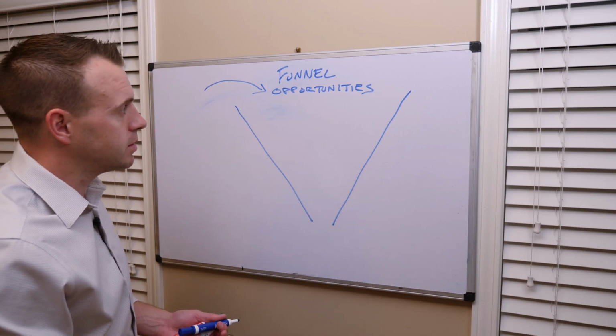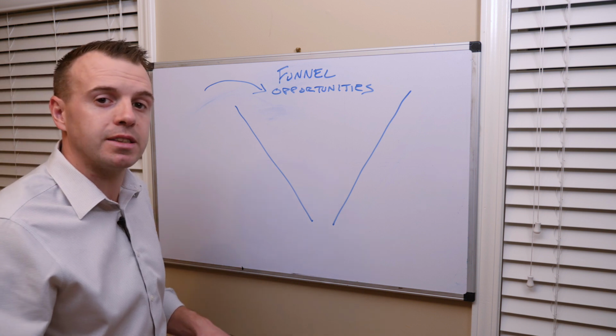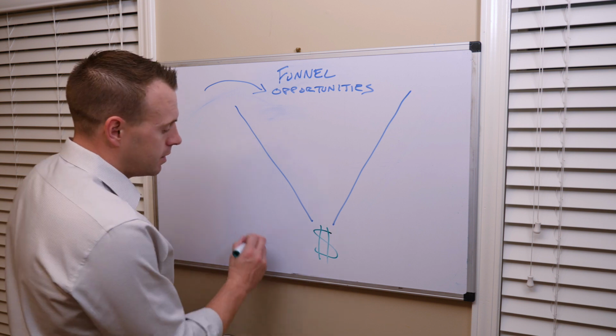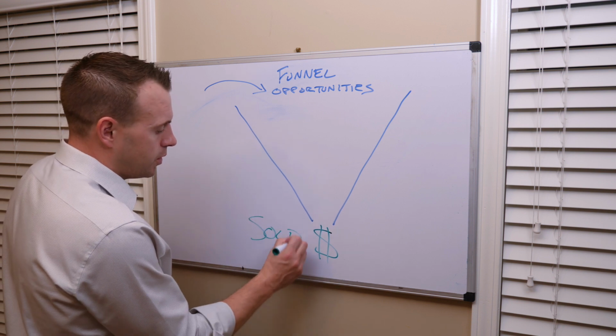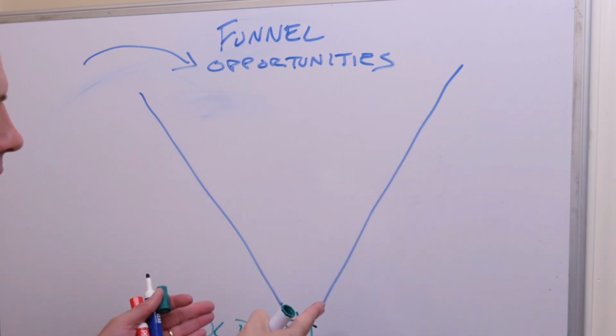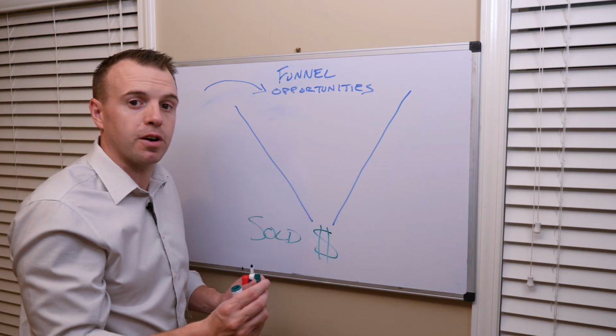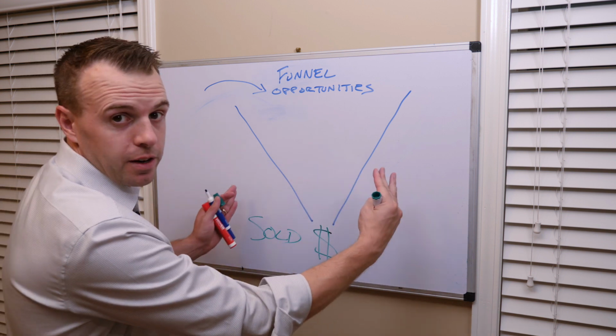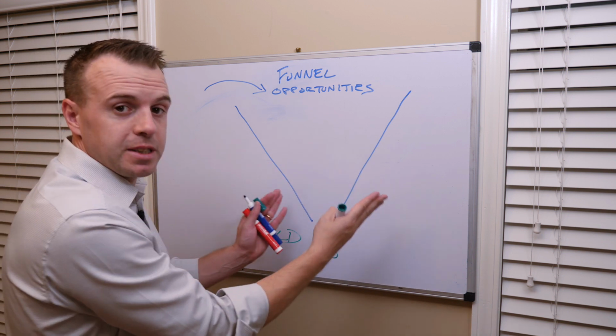You'll also notice at the very bottom of my sales funnel, well, this is my money. This is my sold opportunities. The way the ratio is from the top to the bottom will of course differ depending on what you're selling. It might be wider, quite frankly, it might be skinnier.